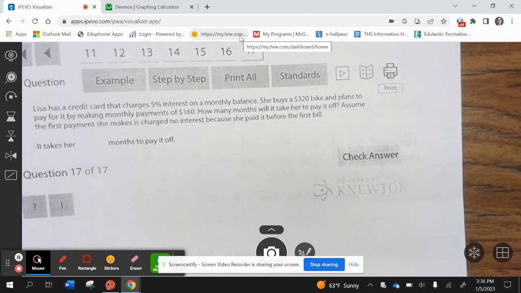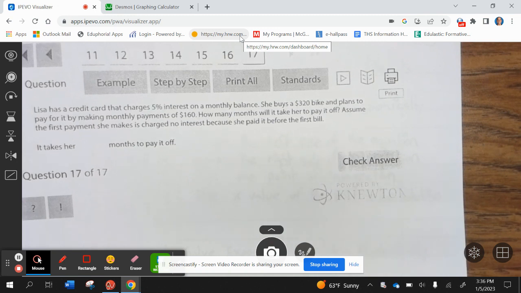All right, Lisa has a credit card that charges 5% interest on a monthly balance. She buys a $320 bike and plans to pay for it by making monthly payments of $160. How many months will it take her to pay it off? Assume the first payment she makes is charged no interest because she paid it before the first bill.